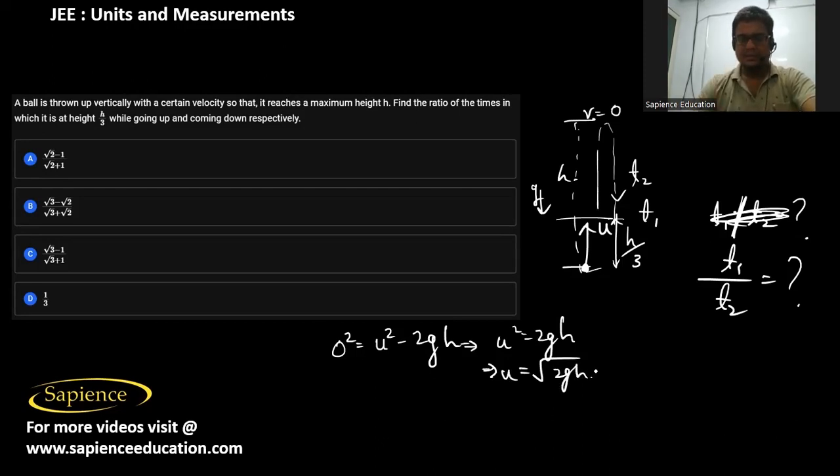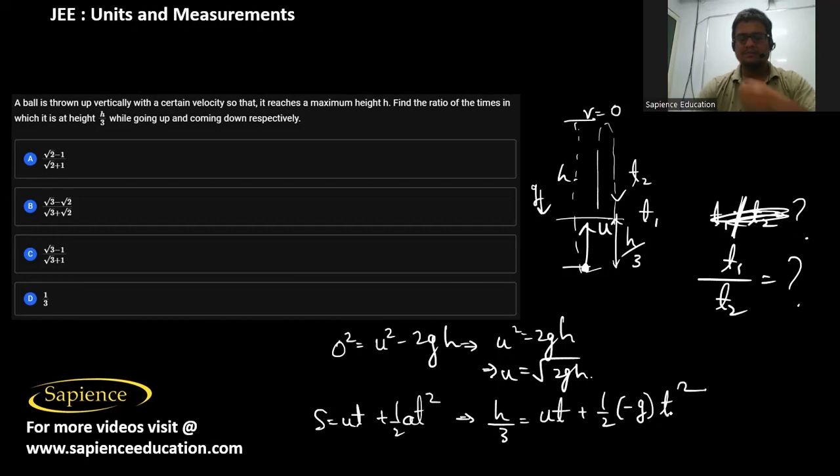Now when it reaches a height h by 3, s equals ut plus half g t square, with s equal to h by 3 and acceleration minus g. So this time we have to find out.